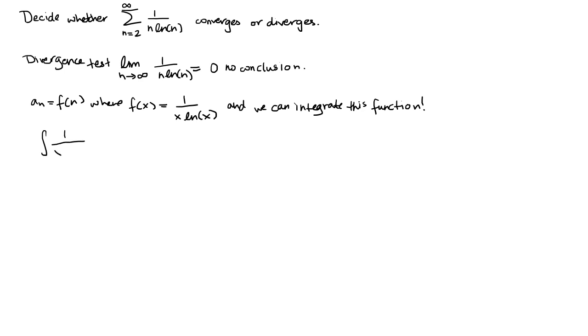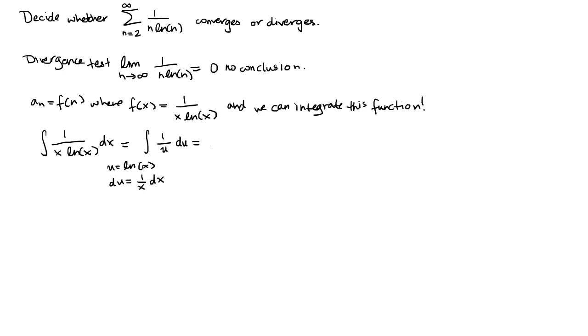So we have 1 over x log x. Okay, we're going to do a u substitution here with u equal natural log of x. Then du is 1 over x dx. And we have the integral of 1 over u du, because my 1 over x was grouped with dx to become du.